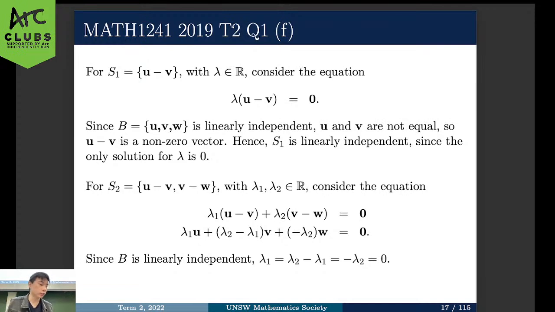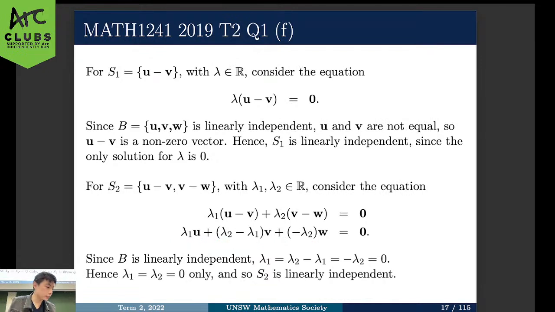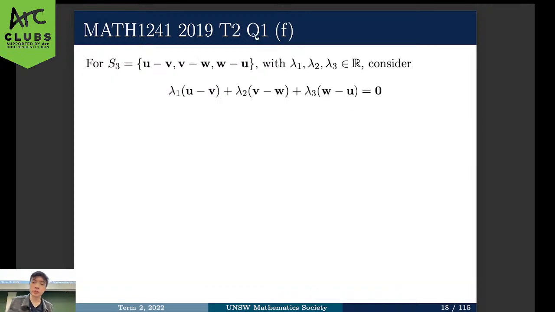So the only solution is if these three coefficients are equal to 0, and that proves that lambda 1 is equal to 0 and lambda 2 is equal to 0. And since the only solution for this equation is lambda 1 and 2 being 0, S2 is linearly independent. So, how about the third set?